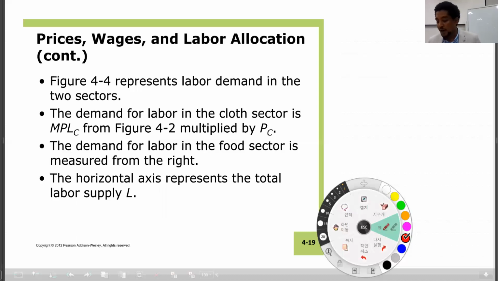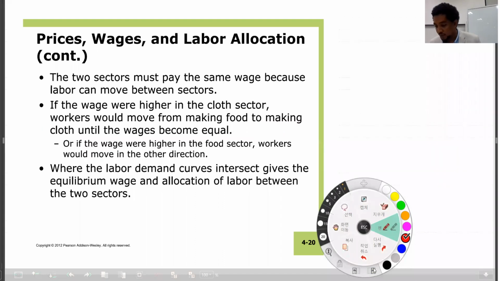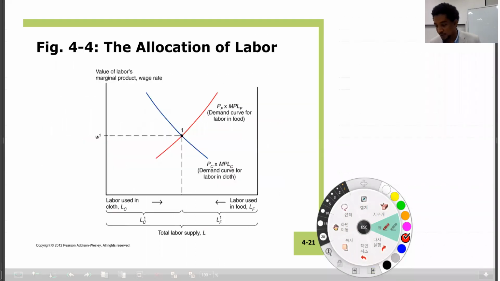The demand for labor in the clothes sector is represented by the marginal product of labor of clothes from figure 4.2 multiplied by the price of the clothes. The demand for labor in the food sector is measured on the right, and the horizontal axis represents the total labor required to produce both these products. We will look at this one.